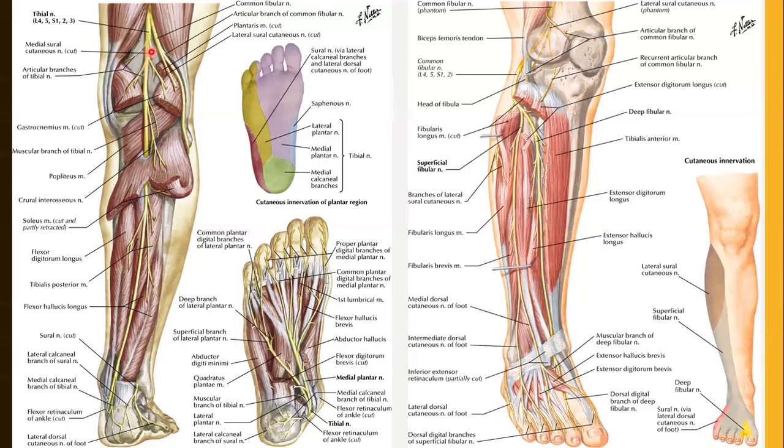Other than the sural nerve, which is sometimes called the medial sural nerve, the tibial nerve also has the superior medial genicular nerve, the middle genicular nerve, and inferior medial genicular nerve. Those are articular branches of the tibial nerve to the knee joint. Superior medial genicular, middle genicular, and inferior medial genicular.